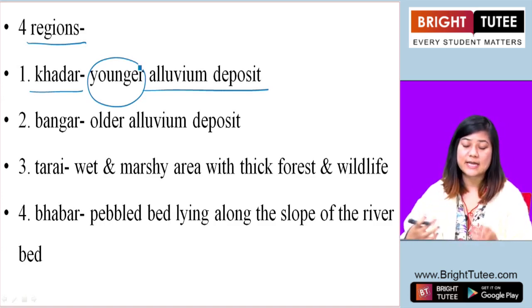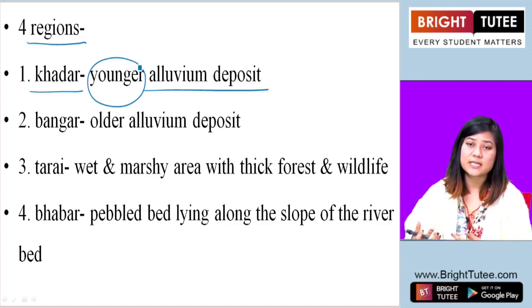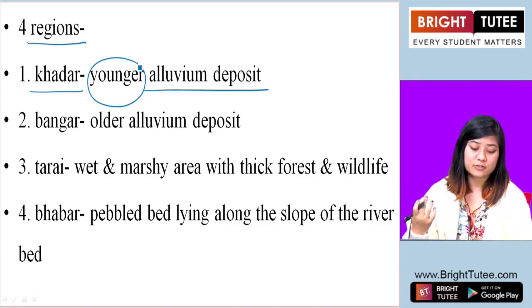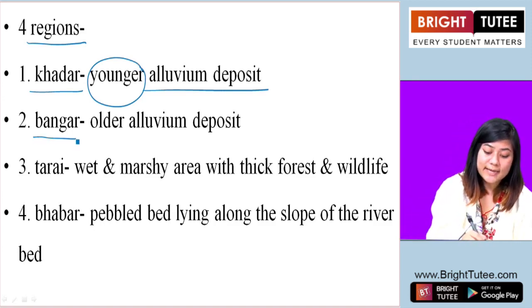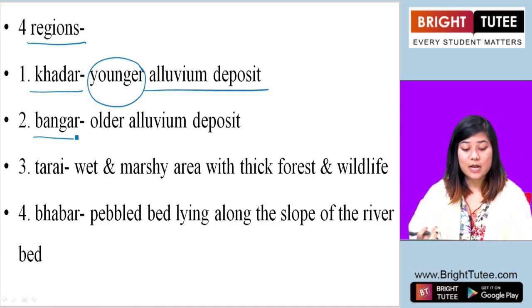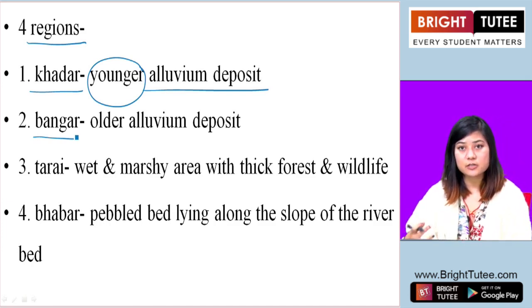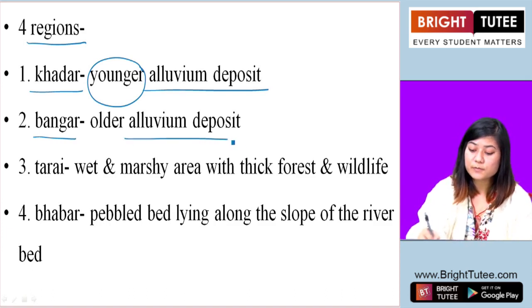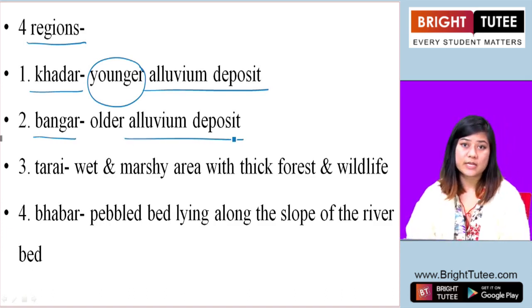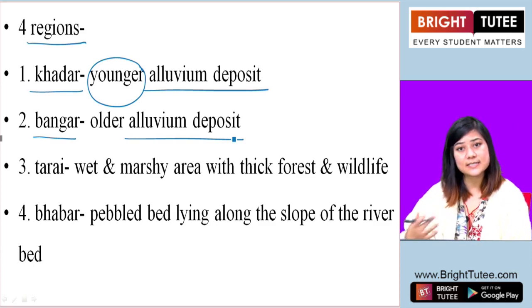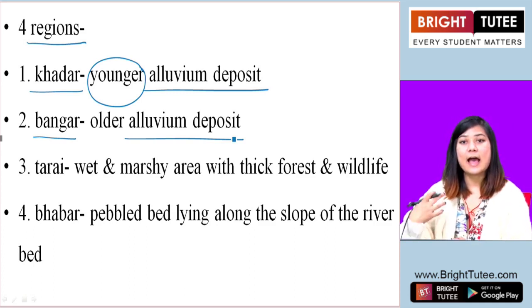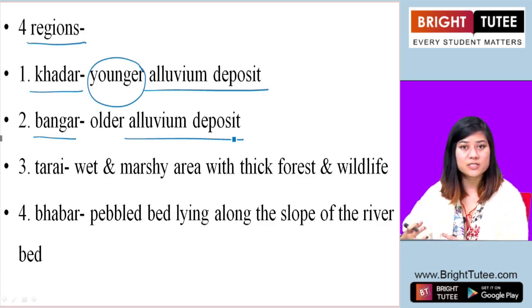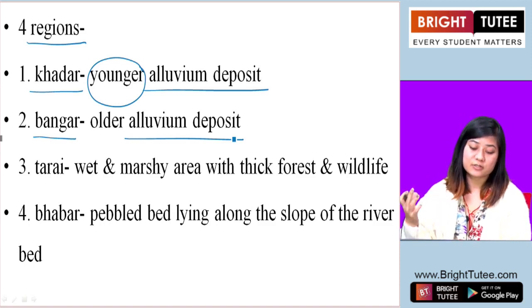It has not been depositing since many thousands of years. The second one is called Bangar. This is the region in the plain where the alluvium deposit is very old. It is not young, it is not recent, but the deposits have been deposited for many thousands of years.